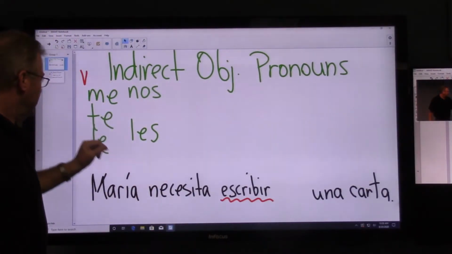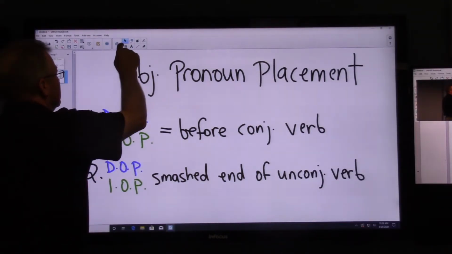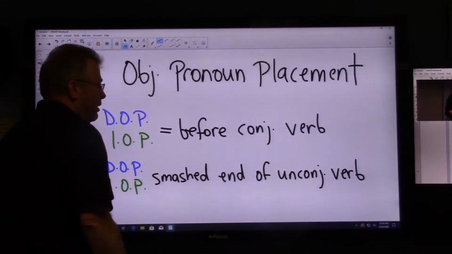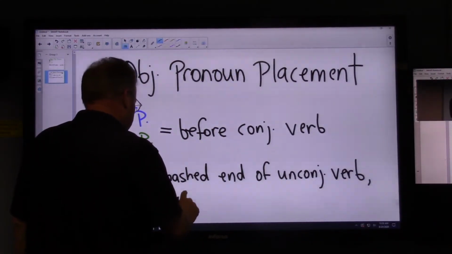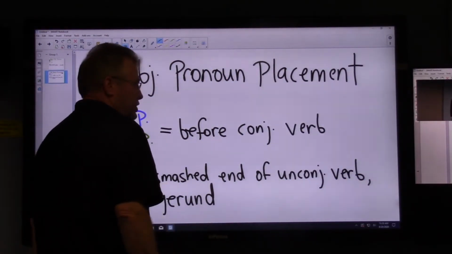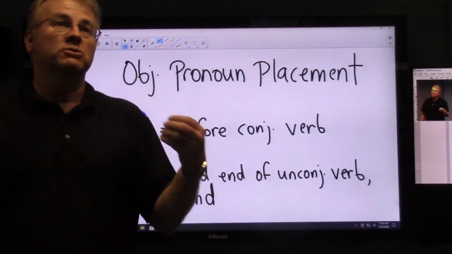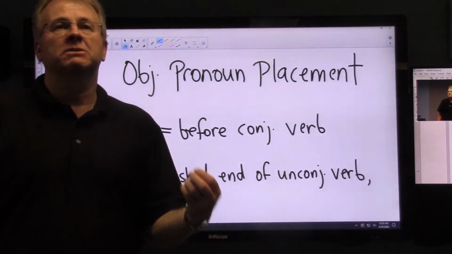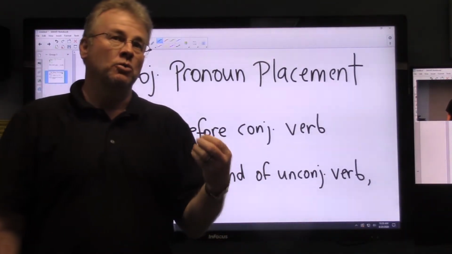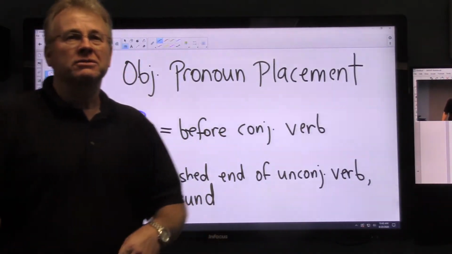One more thing. Not only can we smash these indirect object pronouns on the end of an unconjugated verb, we can also smash them on the end of a gerund. Remember what a gerund is? Gerund would be the ing equivalent, like work becomes working, camp becomes camping, speak becomes speaking, write becomes writing, right? The ing equivalents, the ing versions, okay?